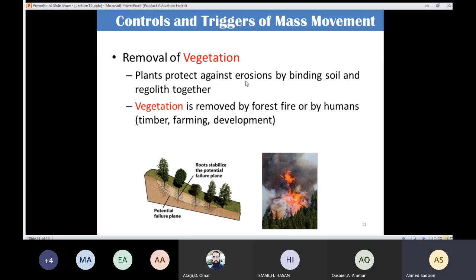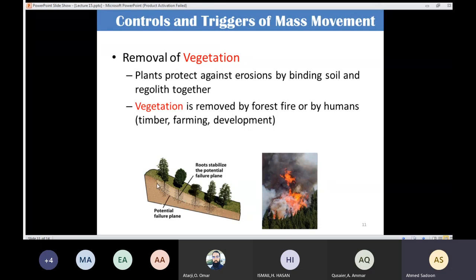That is why we've been encouraged to grow trees as much as we can. The plants or the trees are going to bind the soil and the rock or regolith together. Like you can see here, through the roots, we are going to enhance the stability of the slope.